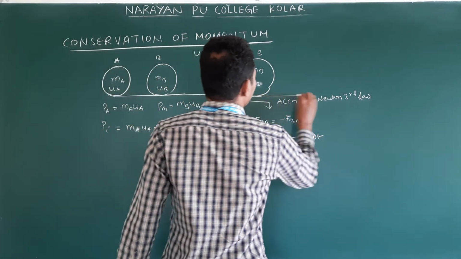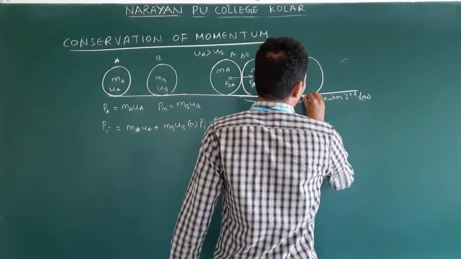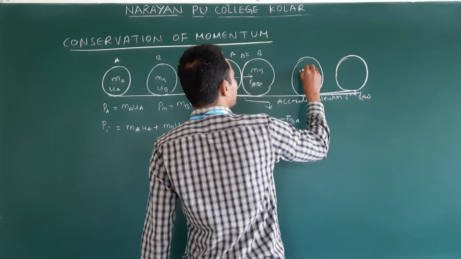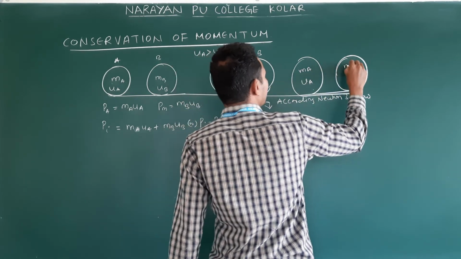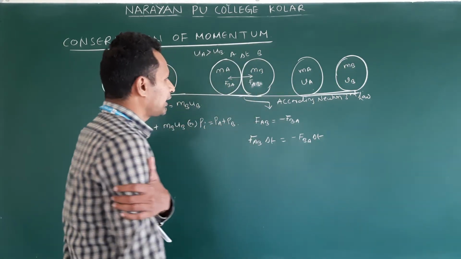Now after this, what happened? After impact, the mass of A does not change. This velocity will become VA, this velocity will become VB, right? Am I correct or not?